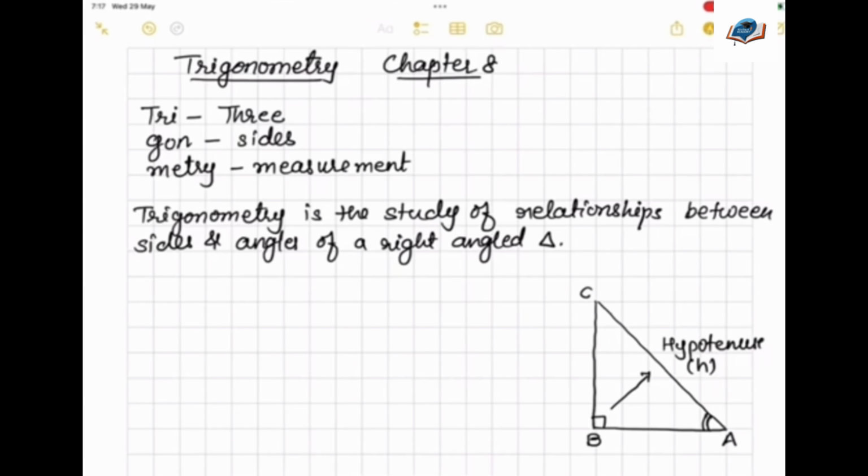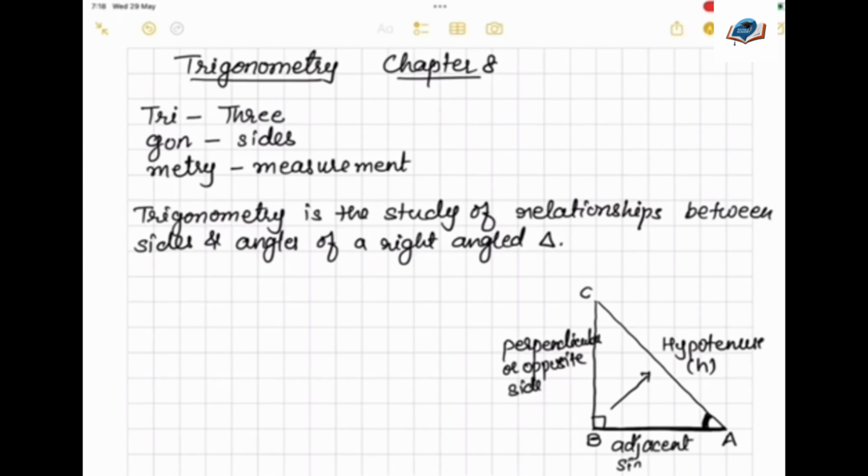The angle which is given, that is angle A if we are talking, so AB is my base and BC will be my perpendicular or opposite side. As BA is touching angle A, it will be adjacent side or base.